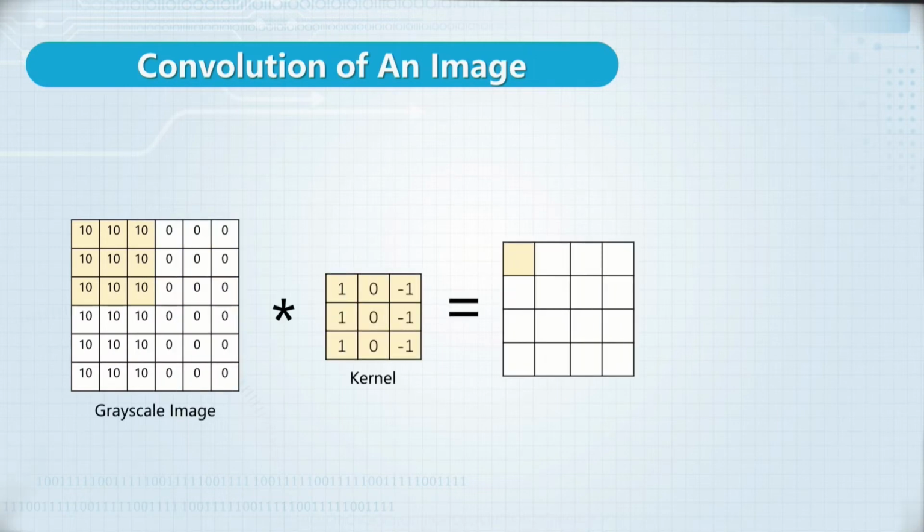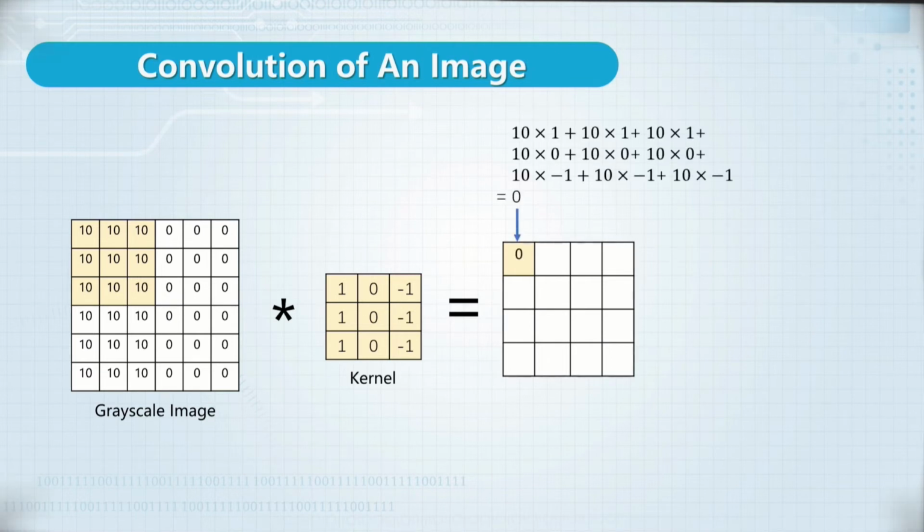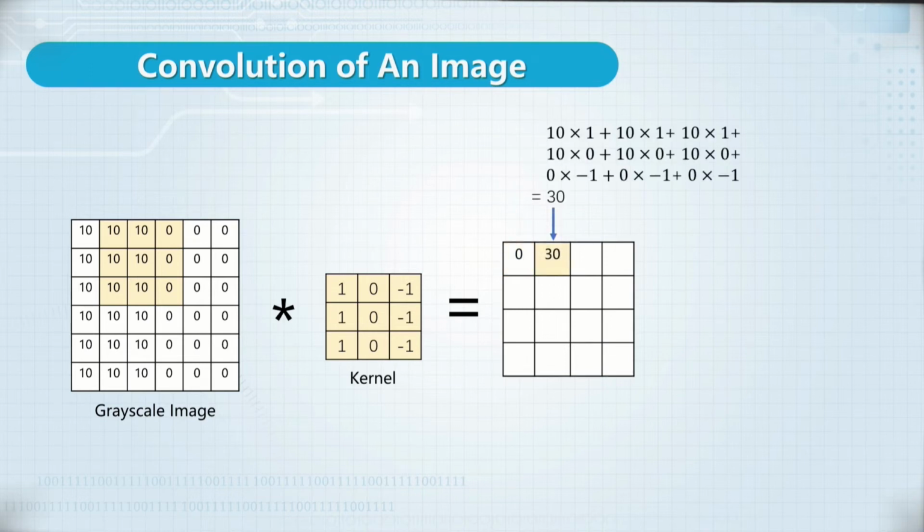Now let's look at how to calculate the convolution of an image. Consider a 6 by 6 grayscale image and a 3 by 3 filter matrix. It is shown here. The value is 0. Then we calculate the second value. It is shown here.